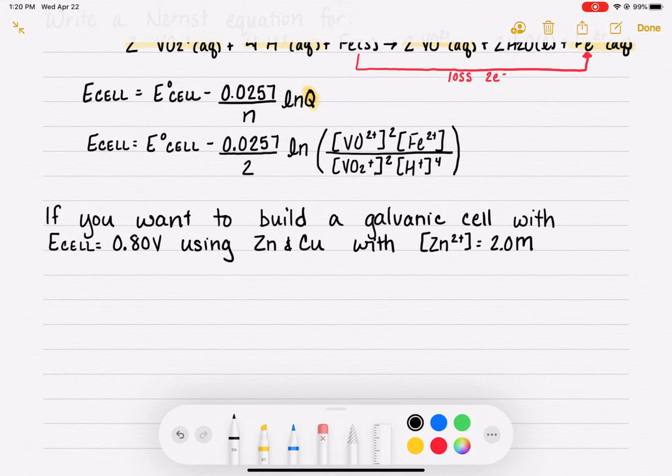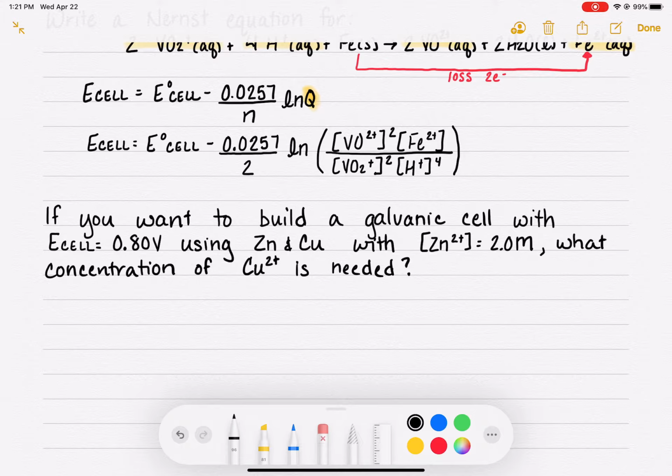Our zinc solution needs to be 2 molar. So let's figure out what concentration of copper, let's use copper 2+, what concentration of copper 2+ is needed for us to get this voltage.